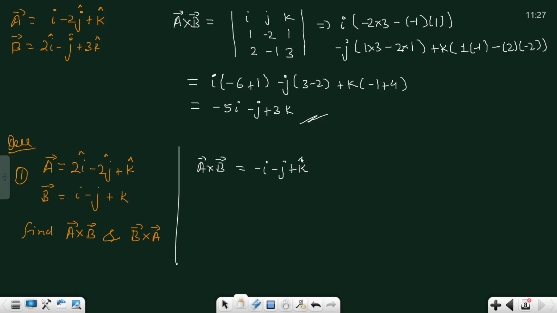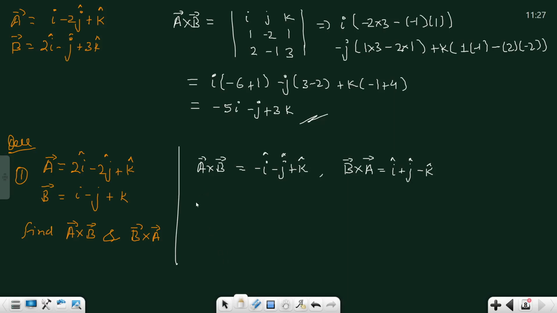So this is your answer for A cross B. And what about B cross A? I cap plus j cap minus k cap. So you calculated B cross A by just multiplying with the minus sign. No, you have to calculate using the matrix method.